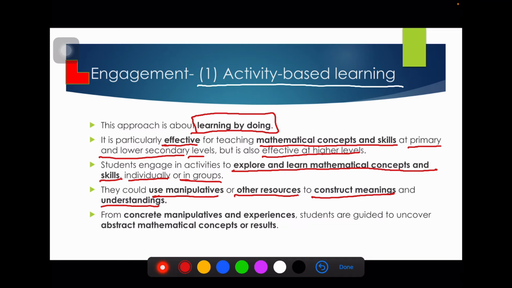Similarly, when I tell you all this information in the engagement phase and you make your own notes, you will then process it in another way. Each one of you will process the information you get from this video lecture differently.